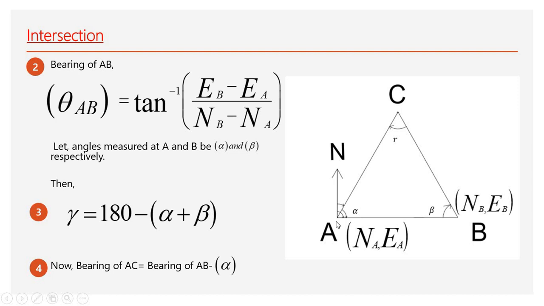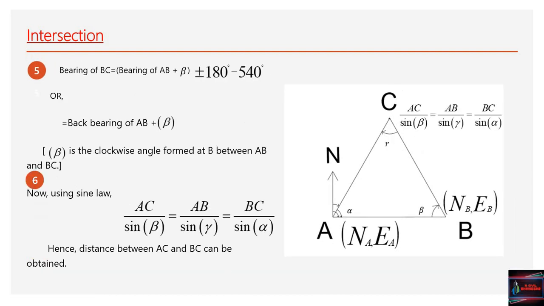So to calculate the bearing of AC, the angle comes from north to this line. From this whole angle, if we subtract this angle alpha, then we get this angle, which is ultimately the bearing of AC. So bearing of AC equals bearing of AB minus alpha.